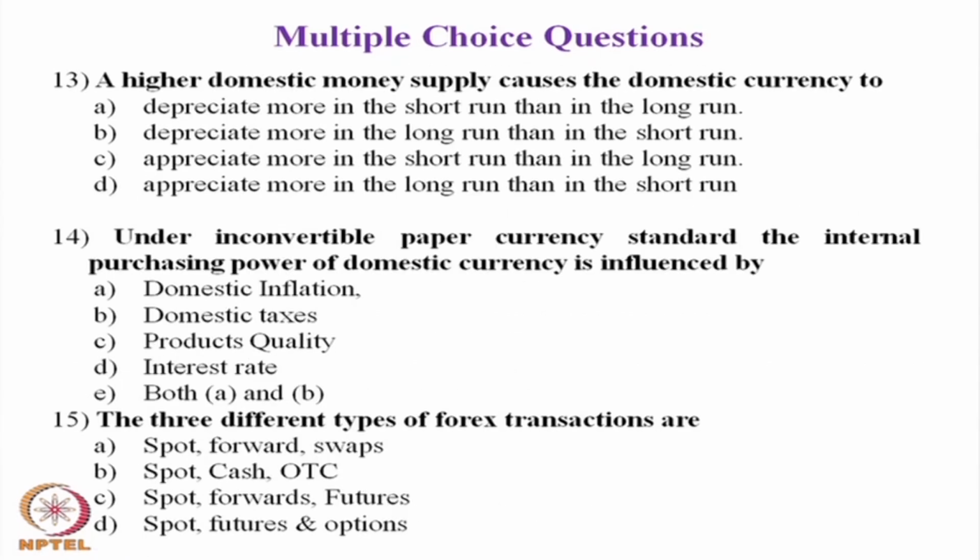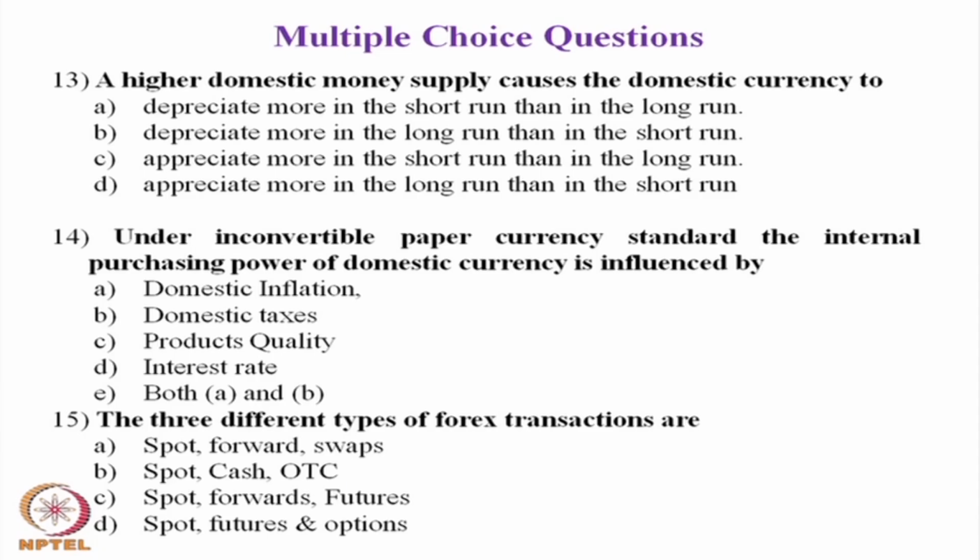Question number 13, higher domestic money supply causes the domestic currency to... when the domestic money supply increases, what will happen to the domestic currency? In the short run the rupee will depreciate.